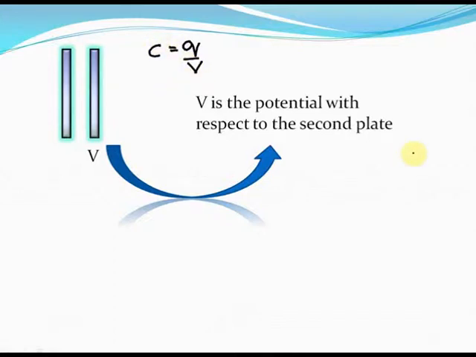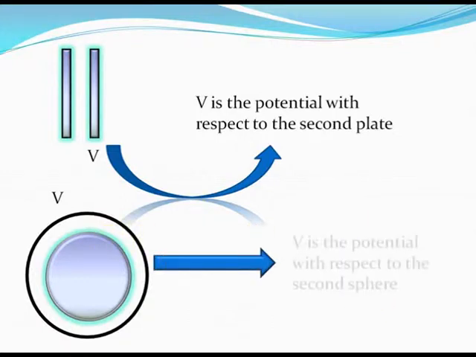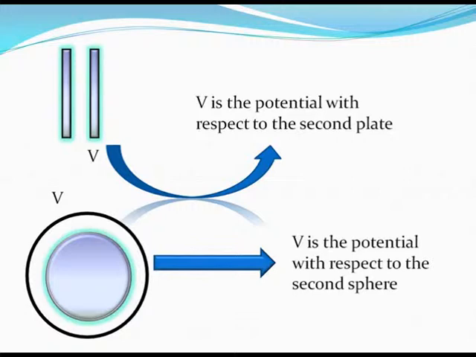Understood? Similarly, you can consider a spherical shell and another spherical shell surrounding it. Now if the potential difference between these two spherical shells is V, that is the V that we will use in the formula for capacitance.